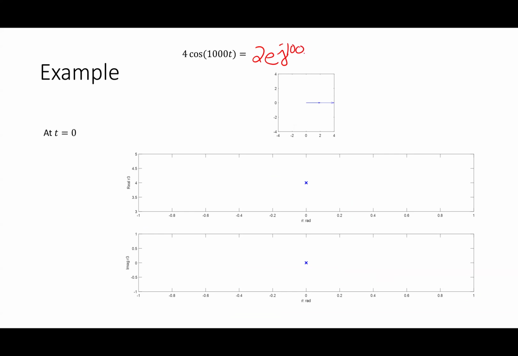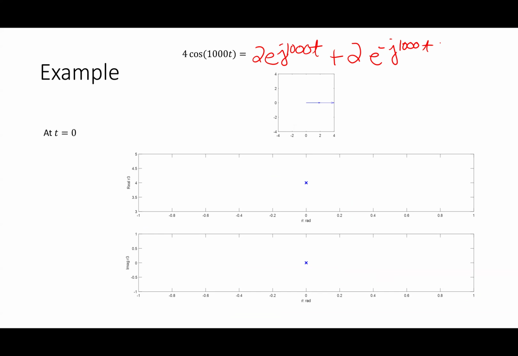Yep. This would be plus 2e. Yeah, so it's a minus 1000 up in the exponential, right? But it's a plus in terms of the way I deal with it.